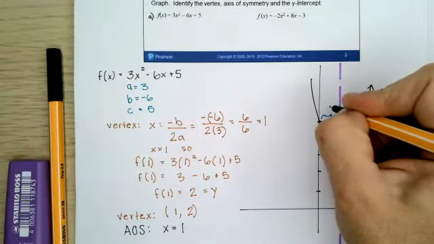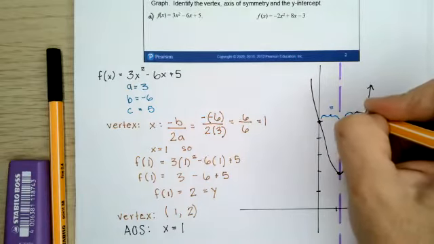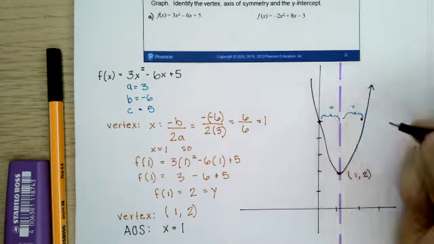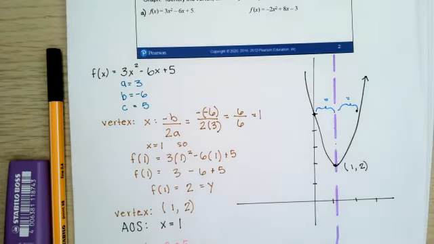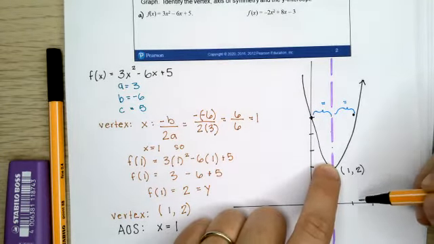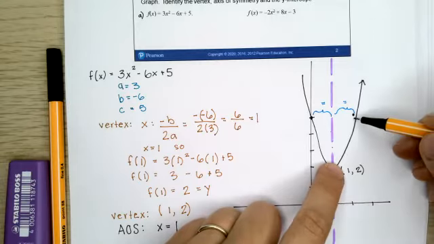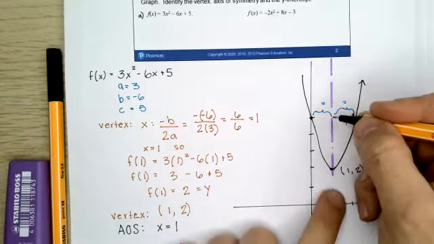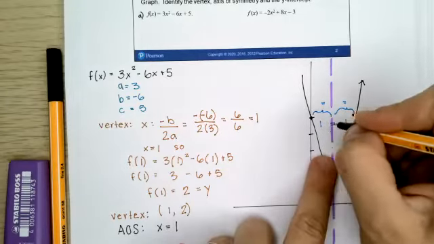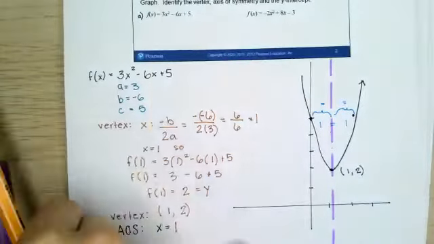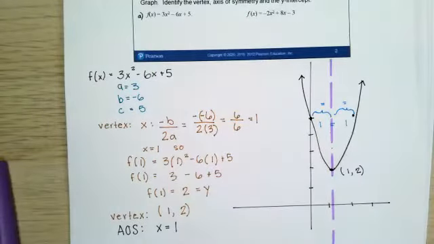This is equal to this distance. Those are the same. Good. So from 1 on my x-axis to 2 on my x-axis, that's 1. From 0 on my x-axis to 1 on my x-axis, that's 1. 1 is 1. So I know those are equidistant. That's how I can graph my parabola for my quadratic function.